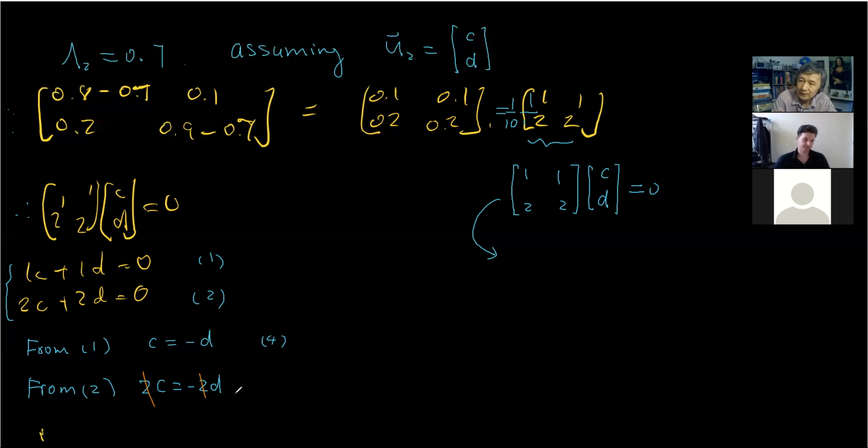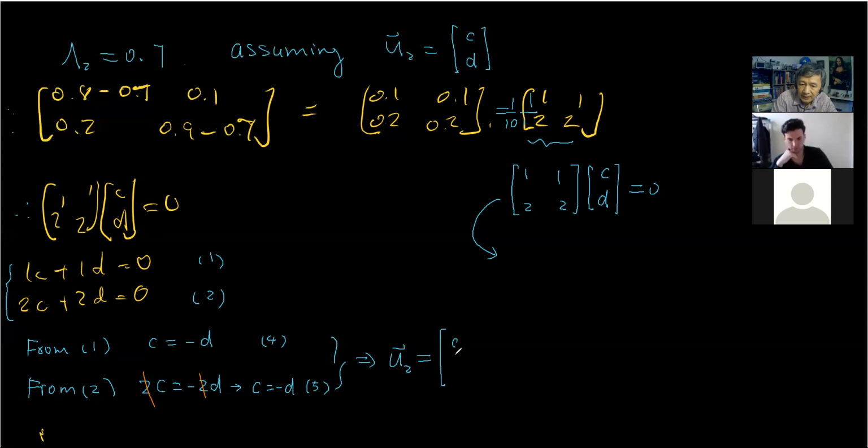That's more important. So both 4 and 5 give identical relations, C equals -D. You can use either of them to substitute into our equation here. In this case, to find the direction of the second eigenvector, you can do substitution.